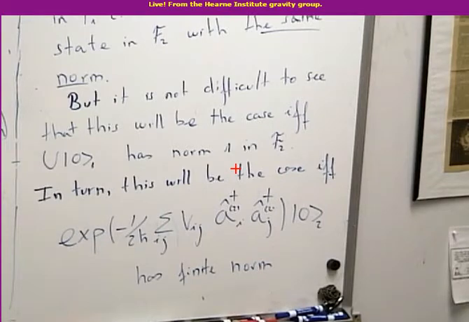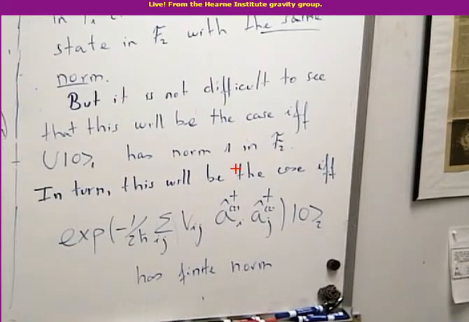Okay. So alpha is a 2-particle state. Alpha is 1/2 of h bar V_ij a dagger 2i a dagger 2j acting on the vacuum 2. So alpha is a 2-particle state.